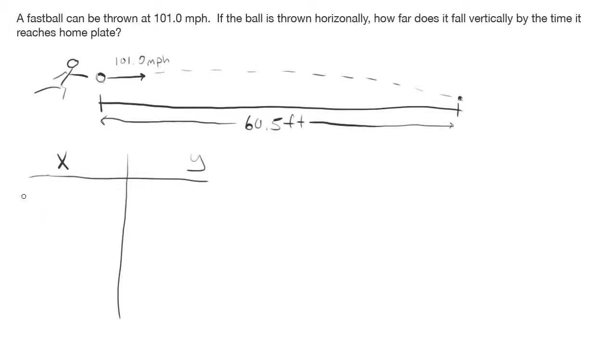So our list, I like to just write down everything. V_x0, V_x, a_x. I know this is projectile motion, so the acceleration in the x direction is 0. Initial velocity and the final velocity in x are the same. I did end up converting.